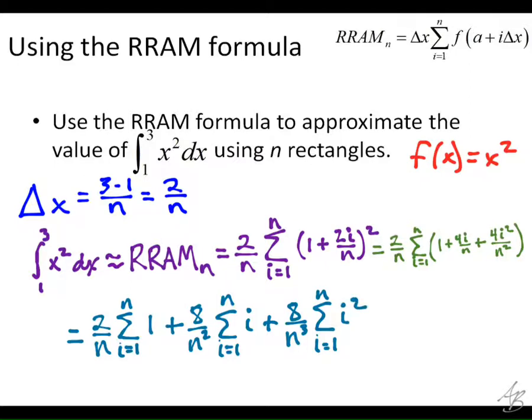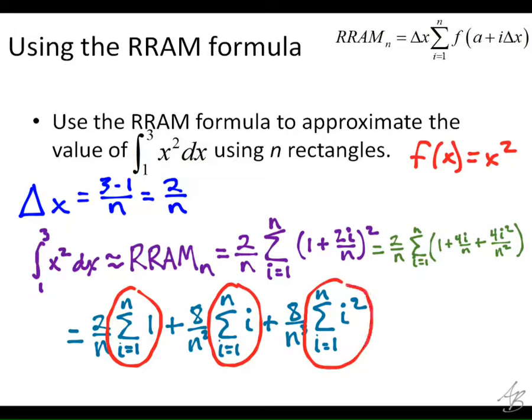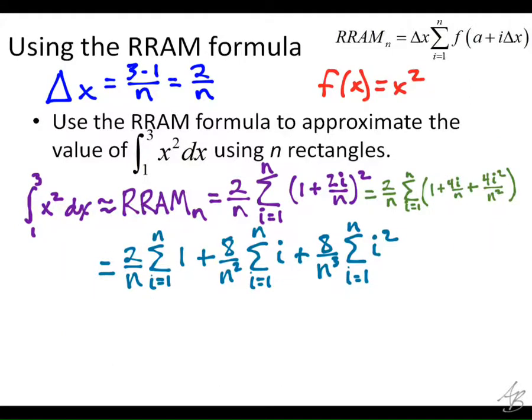Now the great thing about this is I have formulas that tell me what this is, and what this is, and what this is. We're going to need those formulas. So we have our 2 over n times the sum from i equals 1 to n of 1. What's that going to be? This sum right here. That's just going to be n, right? So it's going to be times n. Then our next term we have 8 over n squared times what we get for this one.